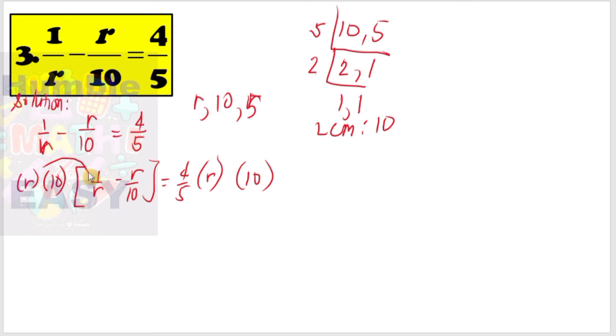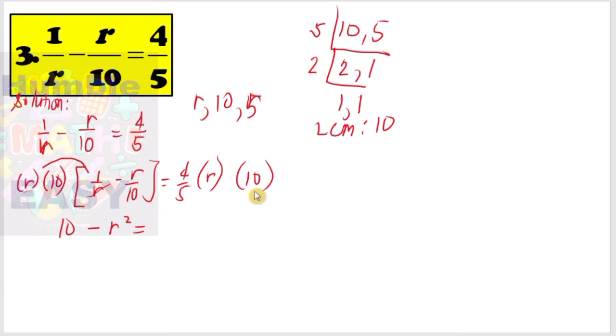If we're going to distribute, then the r and the r here is cancelled. So what we have remaining is 10. 10 times 1 is 10. Cancel, then cancel also that 1 in the first term. In the second term, we have minus. Cancel the 10. Then what is remaining is r times r, which is r squared.